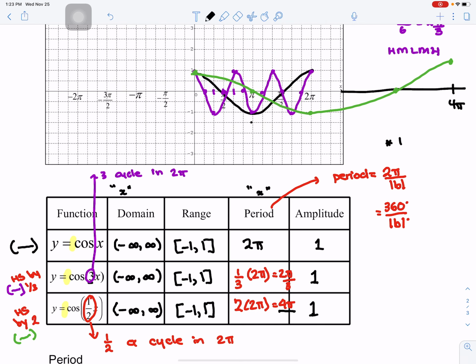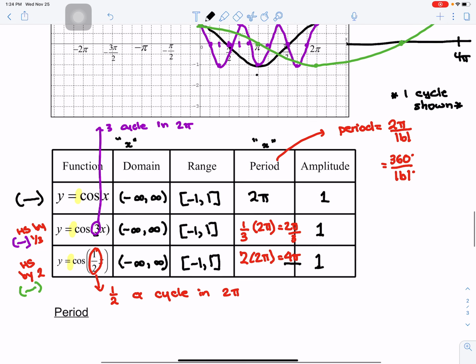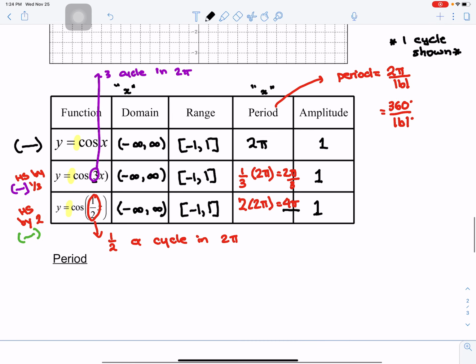So this is 1 cycle shown. Now it's really important that you always show 1 cycle, because that's the key aspect of what's happening. If you can't show me 1 cycle, then you don't really know what's happening in terms of the graph. So just remember, it needs to do the high, middle, low, middle, high from 0 to 4 pi, and then 2 pi would be in the middle, and I'd be counting by pi: 0, pi, 2 pi, 3 pi, 4 pi.